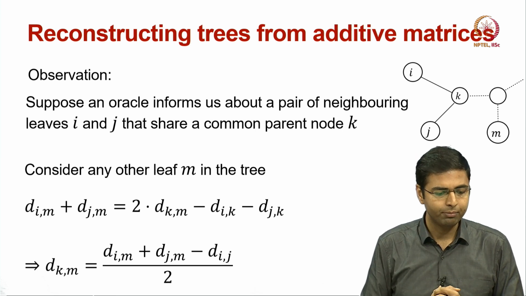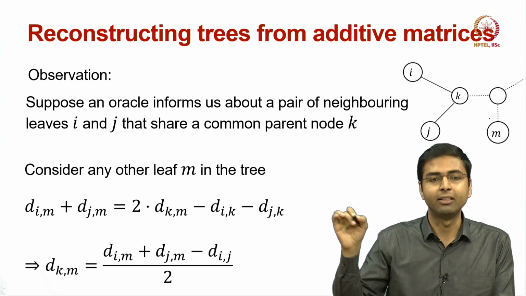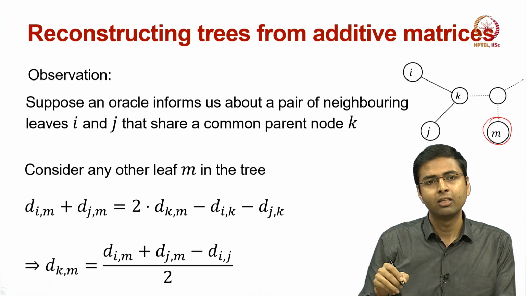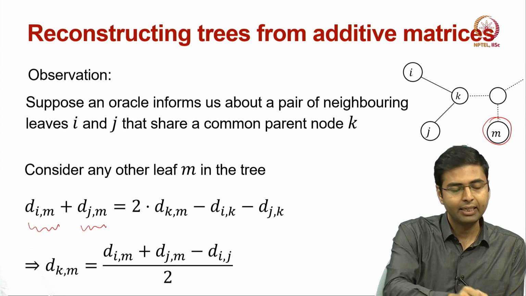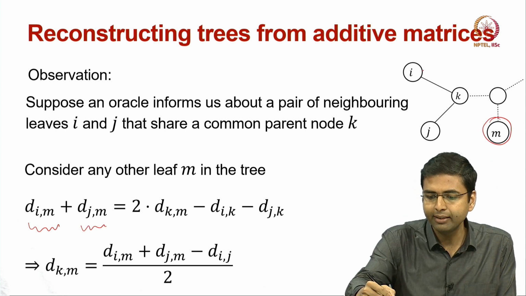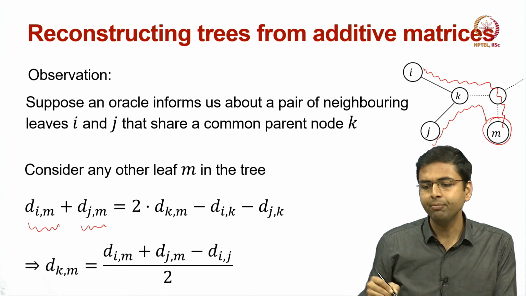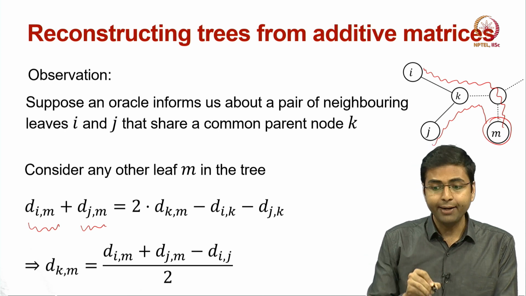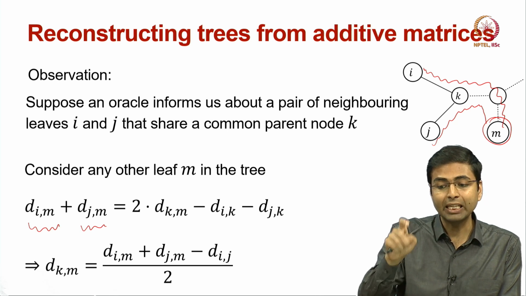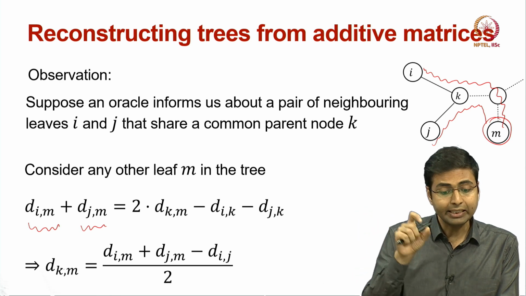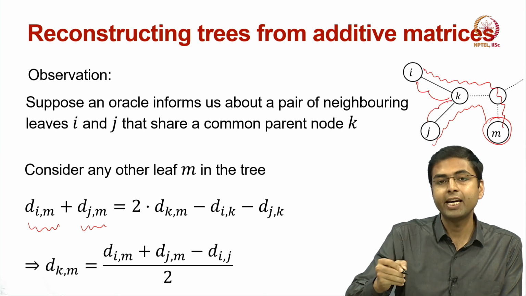Observe that if you consider any other leaf node m in the tree, then dim plus djm, that is, I am adding up the distances dim as well as djm, is equivalent to 2 times dkm, because I am traversing the path between k and m twice, and I can subtract the distances between i and k as well as j and k.